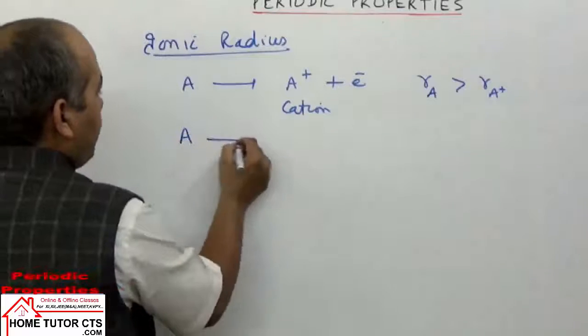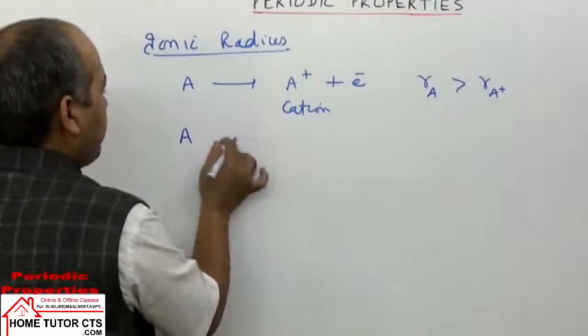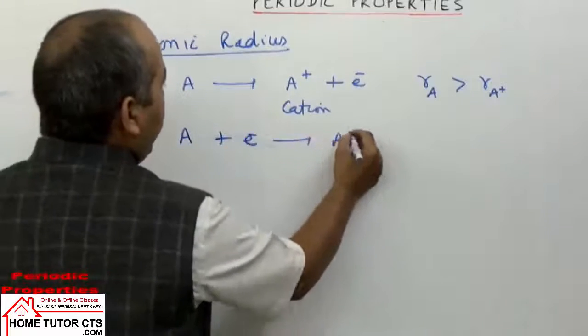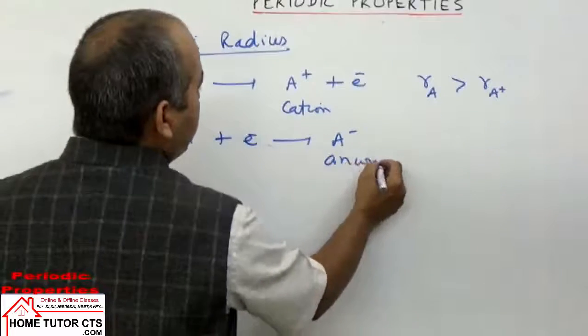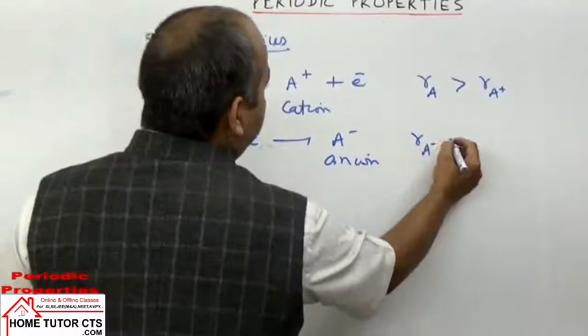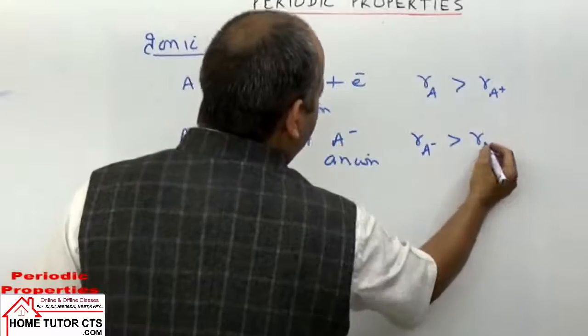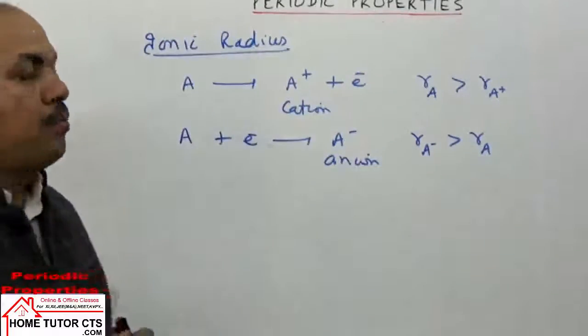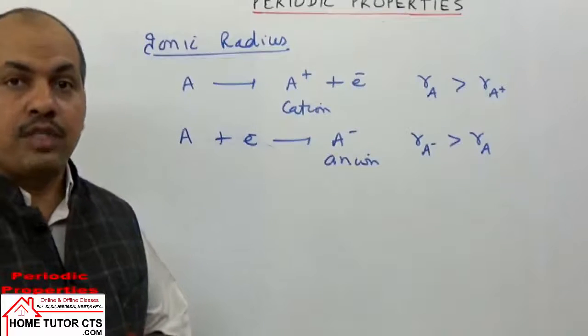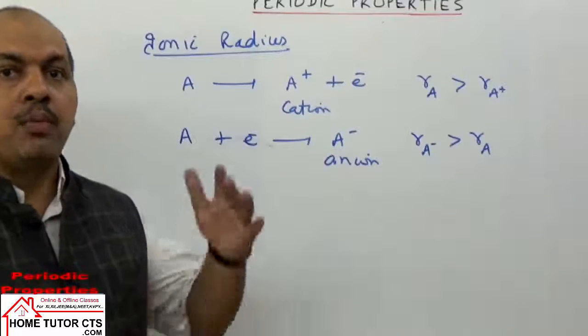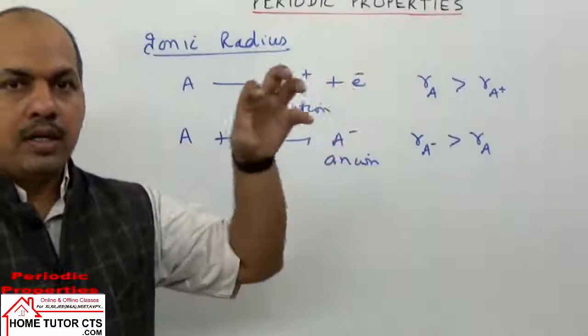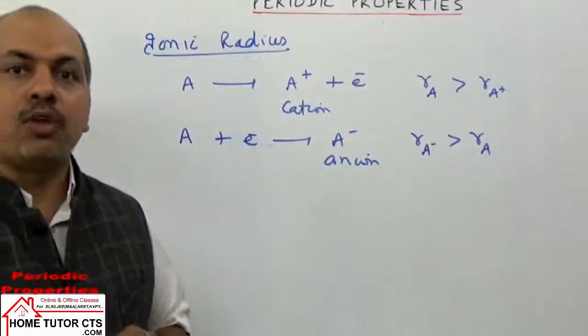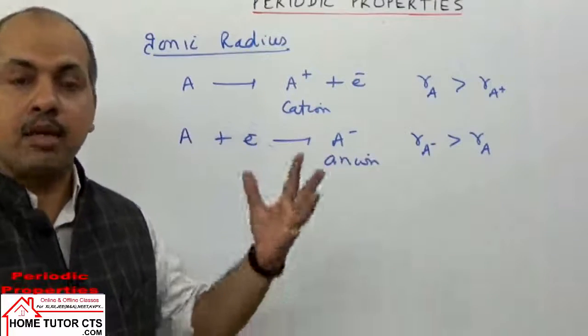Now for anion formation, what happens? The size of the anion becomes more than the size of the atom, because in anions the atom contains more electrons than protons. More electrons means the attraction is less, as fewer protons attract more electrons.